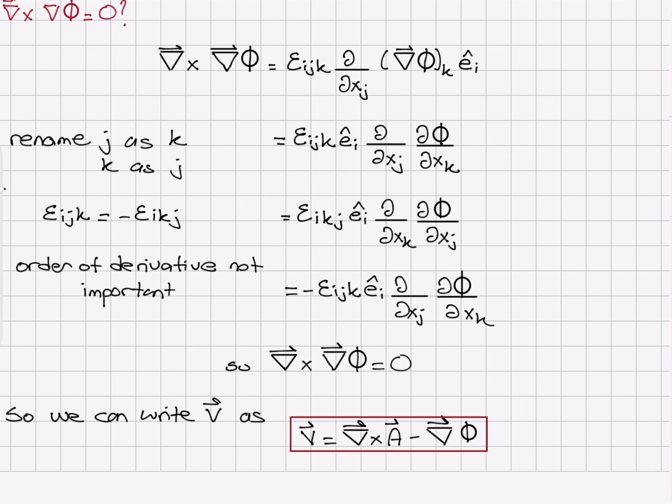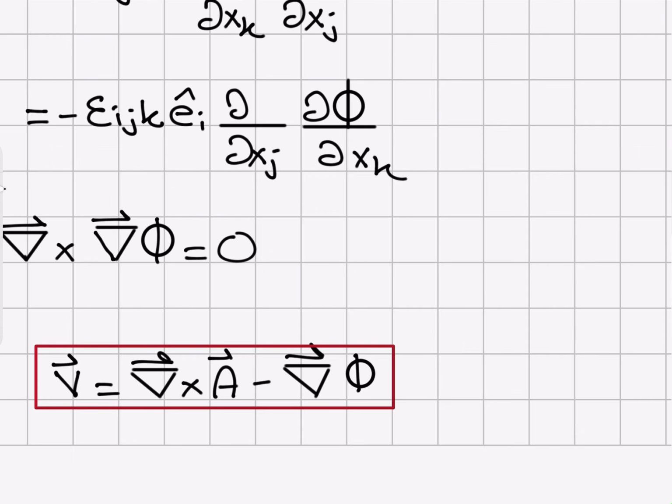So here A is a vector potential and phi is a scalar potential.